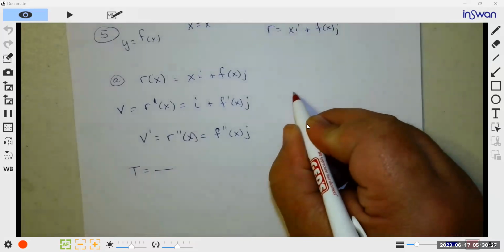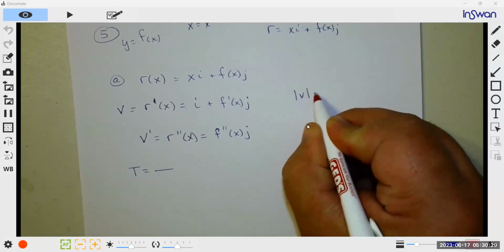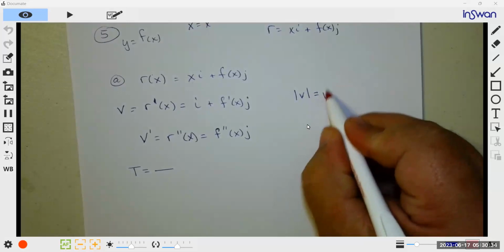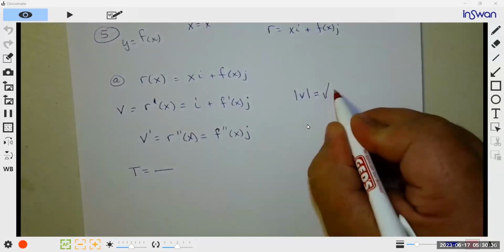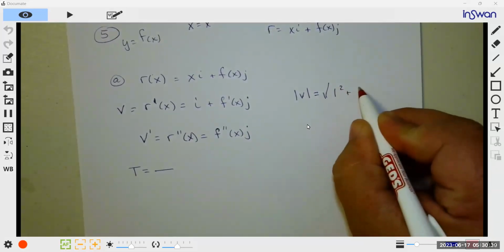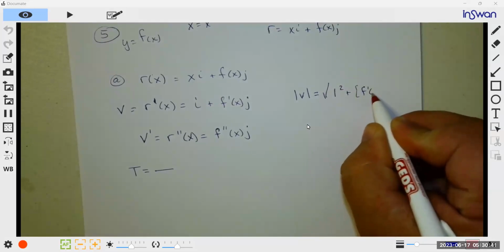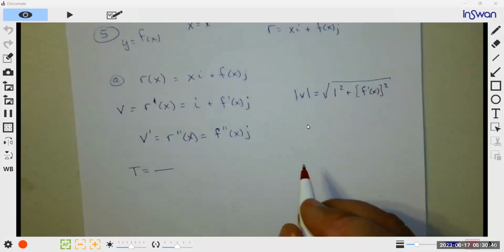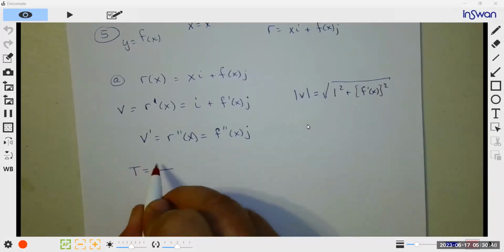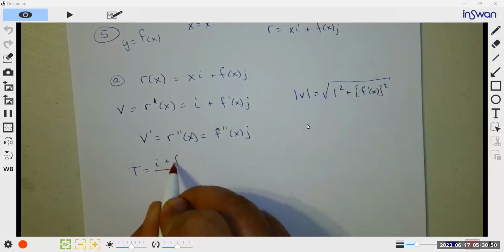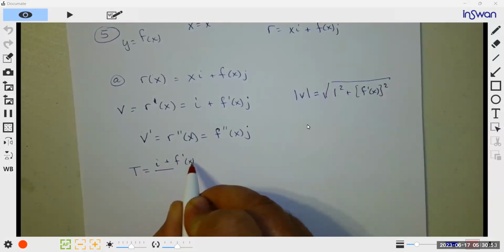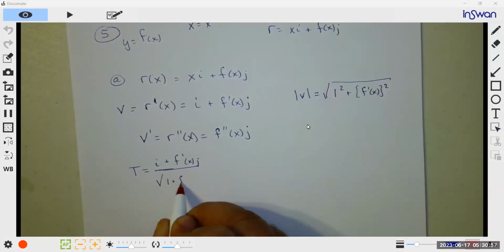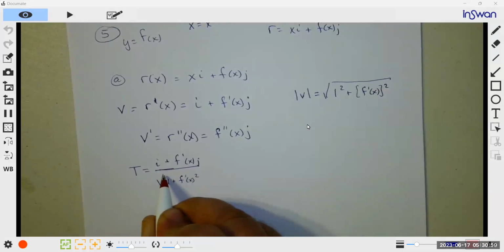We have to find the magnitude of v first: the square root of one squared plus f prime of x squared. So t is i plus f prime of x j over the square root of 1 plus f prime of x squared.